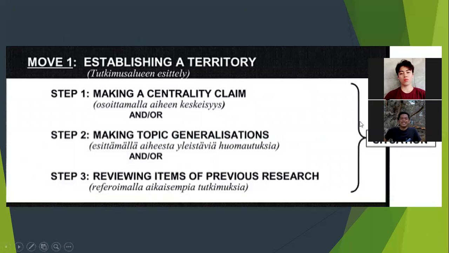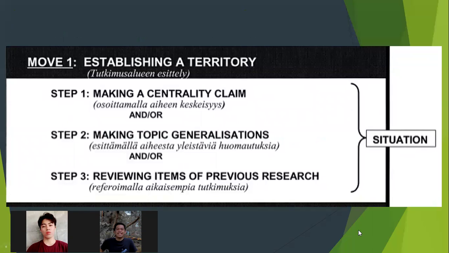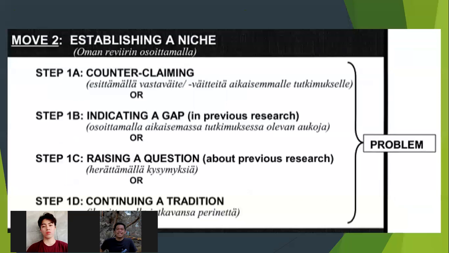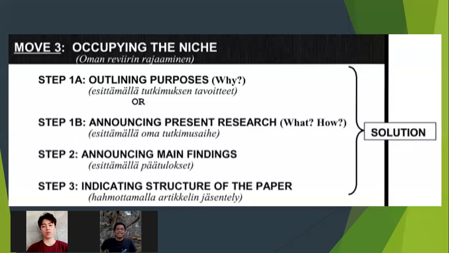Okay. So this is the summary of the Swales move. First, in move 1, it's all about the situation. It's all about your observations. Next is the problem, establishing a niche, the move 2. You need to provide the problem. Then in move 3, you need to provide the solution.